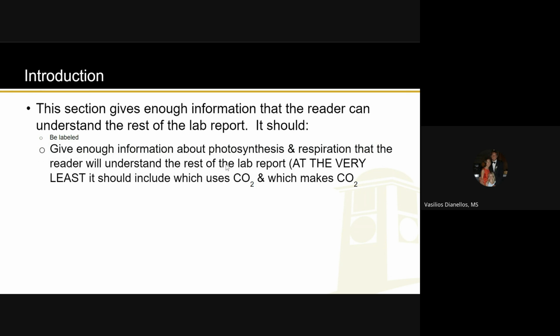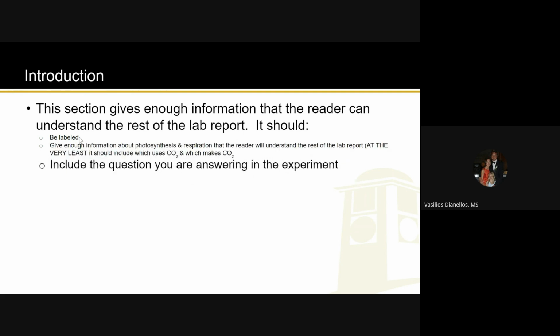So again, you give enough information about photosynthesis and respiration to where that will make sense. Then you're going to repeat yourself, and you'll see there's a little bit of repeating yourself in these lab reports. Once again, you're going to include the question that you were answering in the experiment. So even though you already said it in the abstract, you're going to say it again. In this experiment, I wanted to see how light intensity affected the rate of photosynthesis, right?